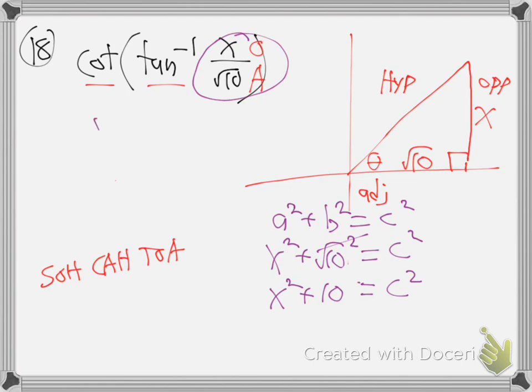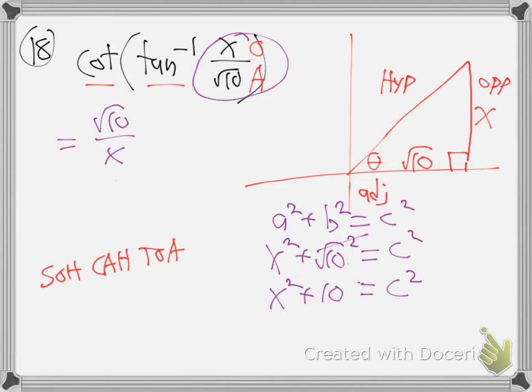It's just going to be root 10 over x. Absolutely. Done, because cotan is just upside down. I didn't even think about that. I just thought of other things, but they weren't as helpful. That was a better thought.